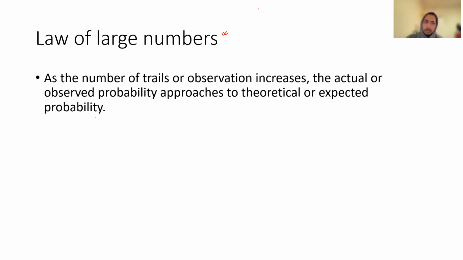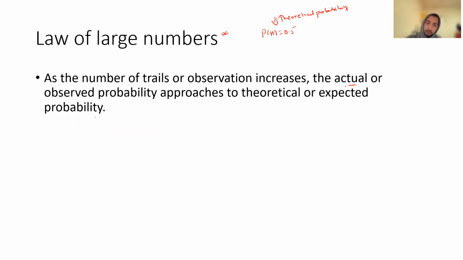For example, if we toss a coin, then the probability of head is 0.5, right? So this value is the theoretical probability.